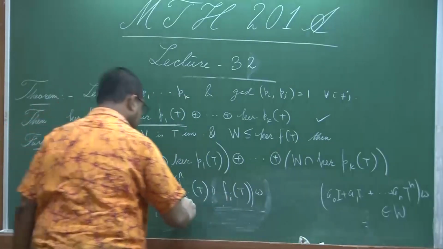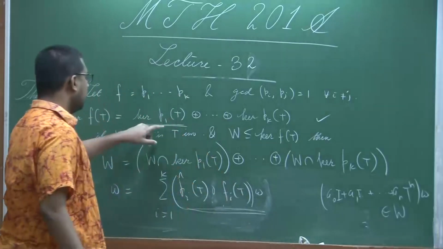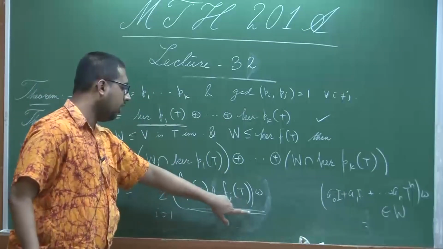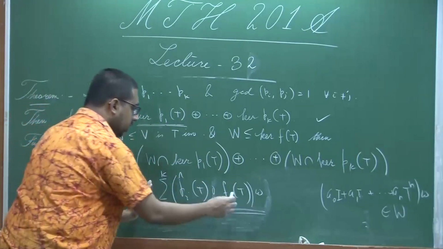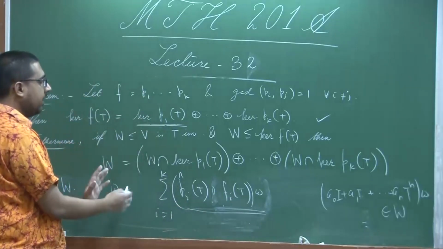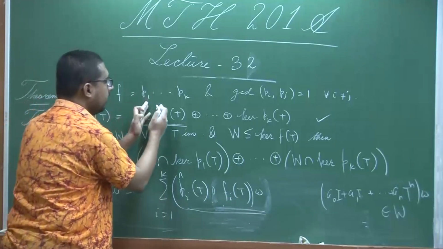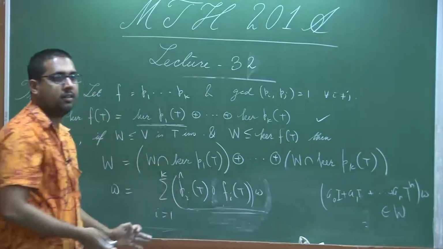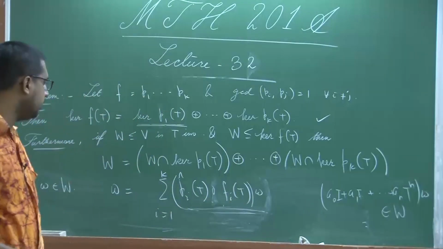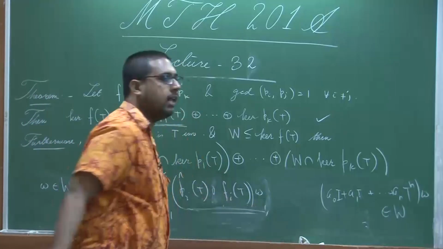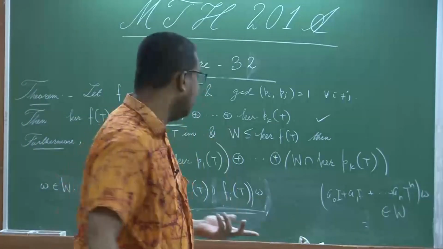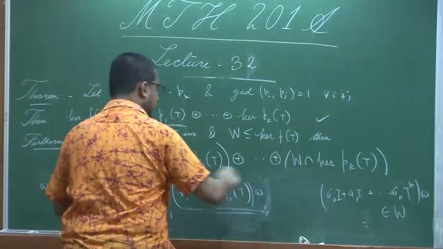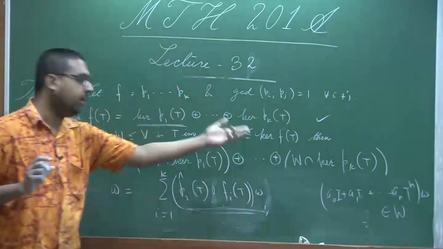So, thus given W, you know that it can be written uniquely as the sum of elements from here, here and there, and in fact the direct sum shows the uniqueness, and you see they also lie inside W as well. So, therefore, that establishes this equality.